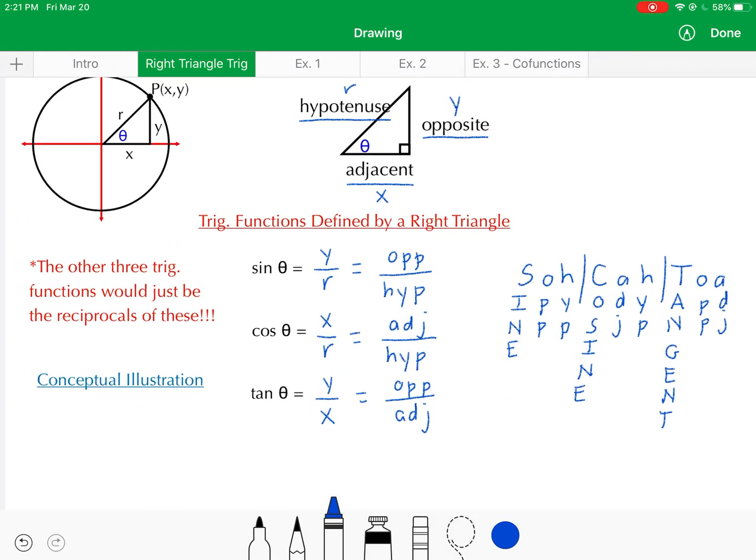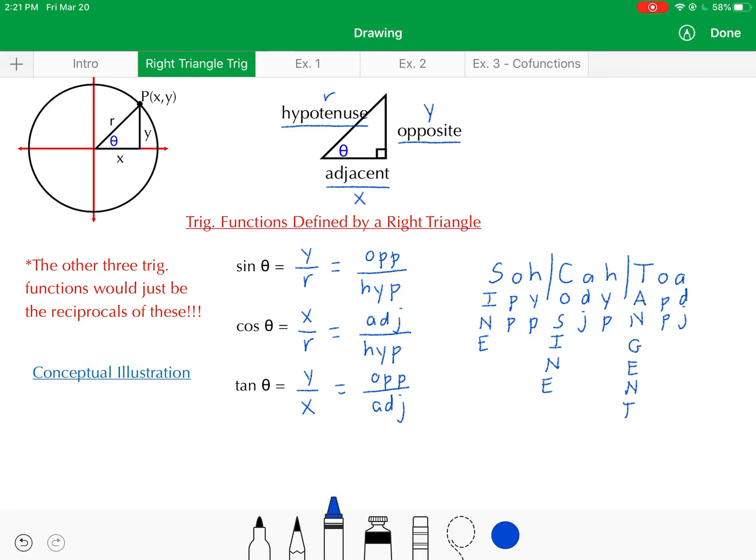Okay, so now that we're taking this right triangle approach, I think it gives us a good opportunity to really conceptually understand what these ratios represent. Okay, so when I say that sine of the angle theta is equal to the opposite side length of theta divided by the hypotenuse length, understand that ratio, it's giving you a percentage of how long the opposite side should be in comparison to the hypotenuse.